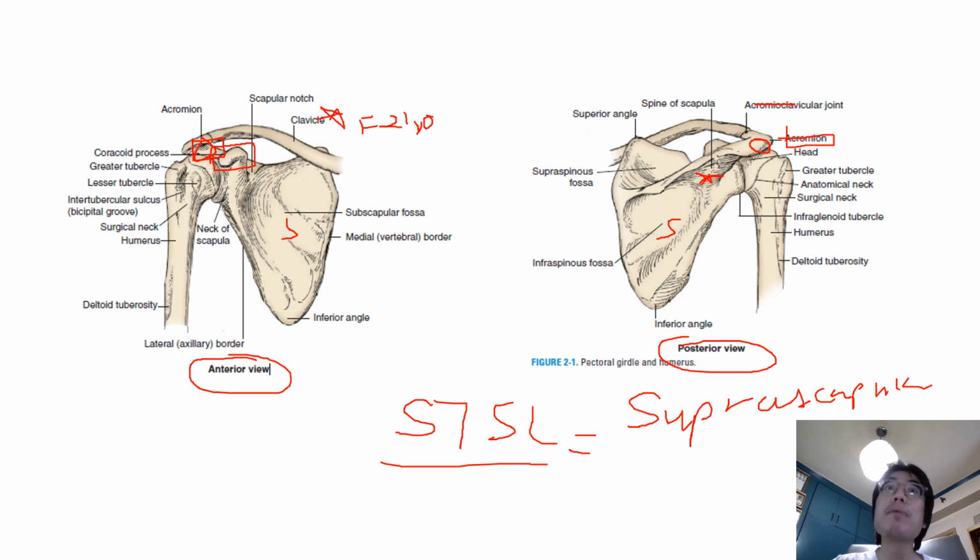And when that happens, it can affect functions of the supraspinatus and the infraspinatus muscles.